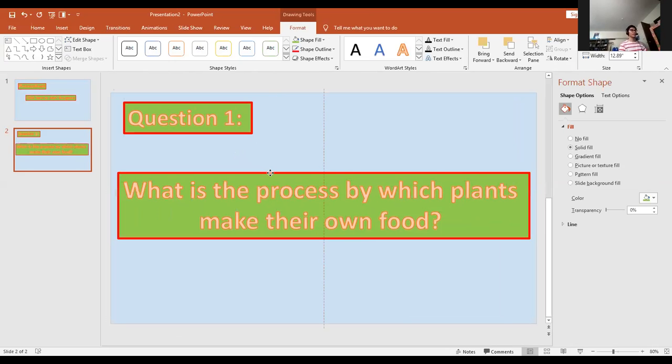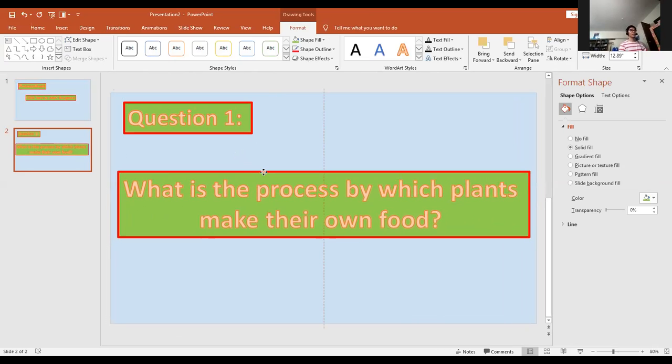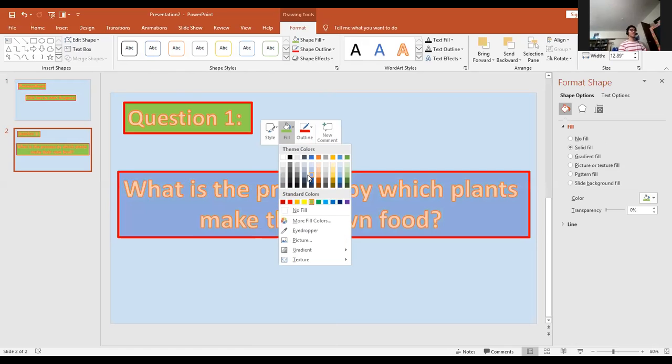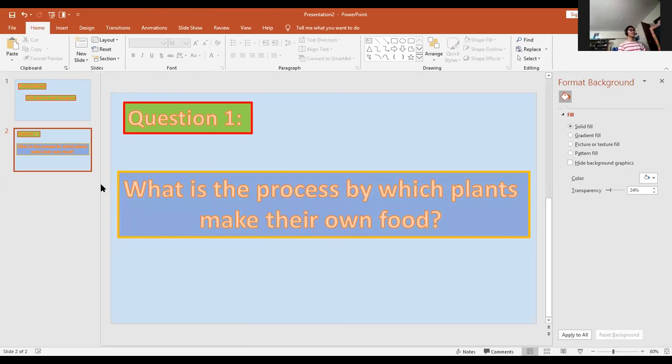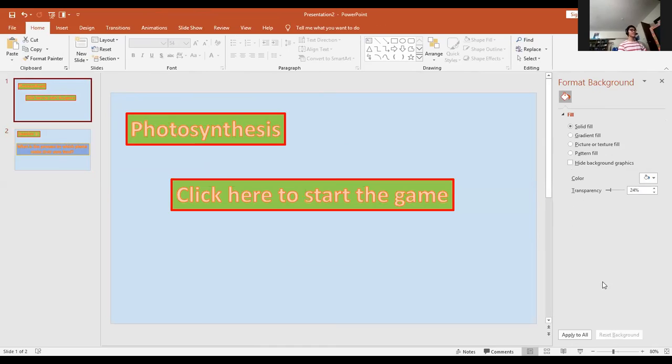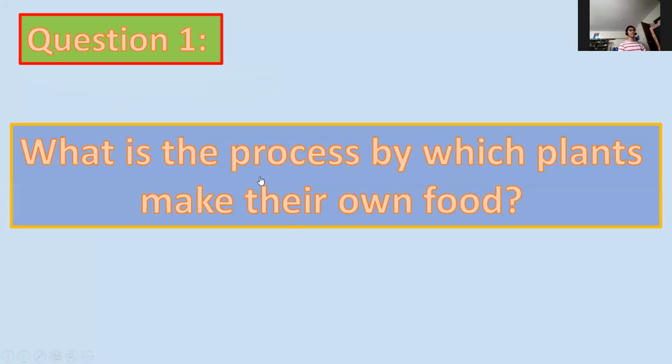Okay, here we go. I want to change the fill, and the outline, of course. Let's say I want it this way. All right, now let's see. If you click here, we'll be directed to the next slide.